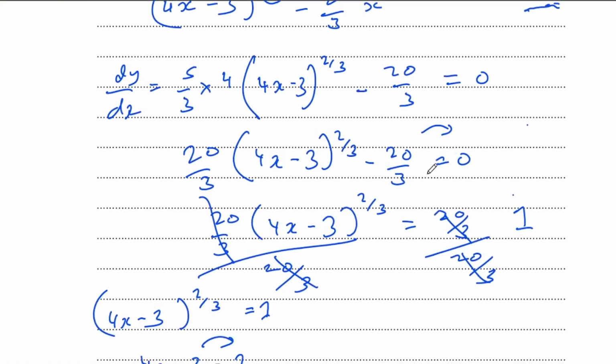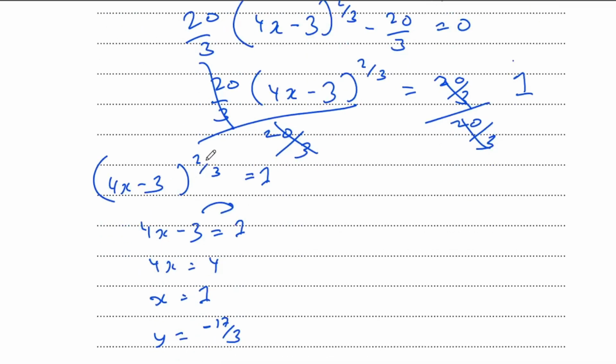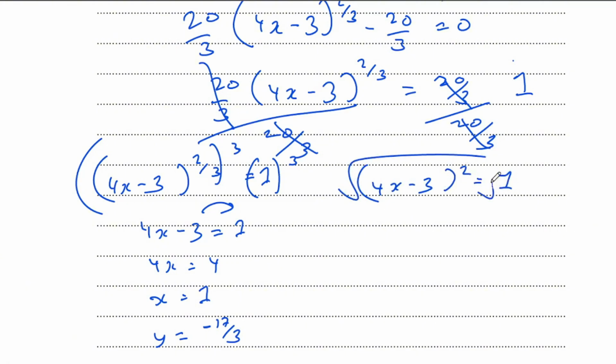Just a small correction here: (4x minus 3) power 2 over 3 equals 1. If you want to remove this power, you would first power it by 3, and you end up getting (4x minus 3) squared equals 1. And then if you square root it on both sides, 4x minus 3 equals plus minus 1, right?